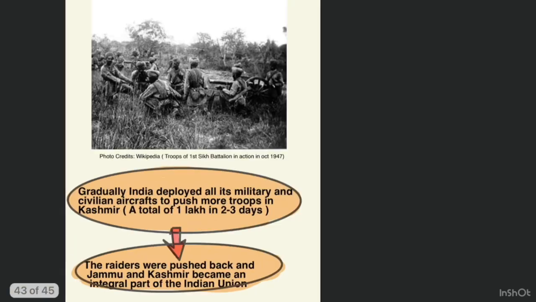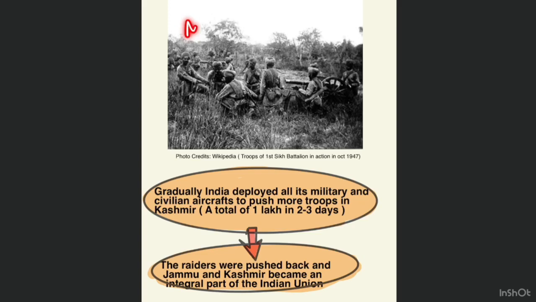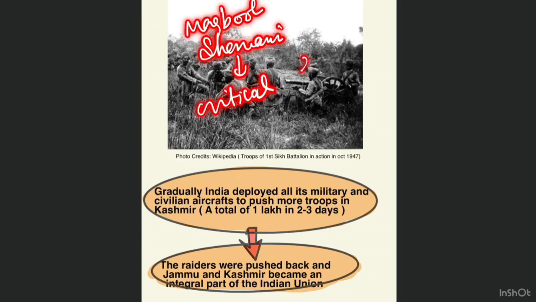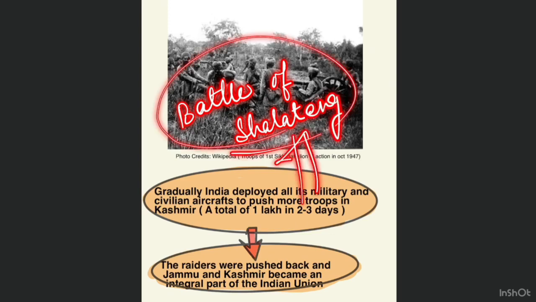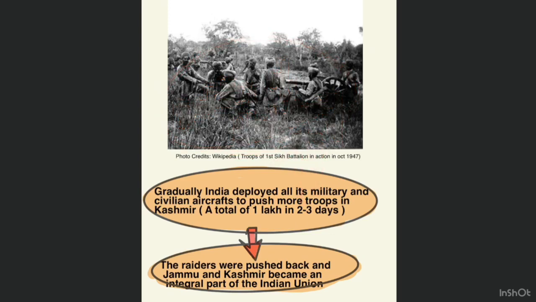Here we also have to understand that Maqbool Sherwani's role was critical for India winning the Battle of Shaltang, which would prove to be crucial to India taking over Jammu and Kashmir.